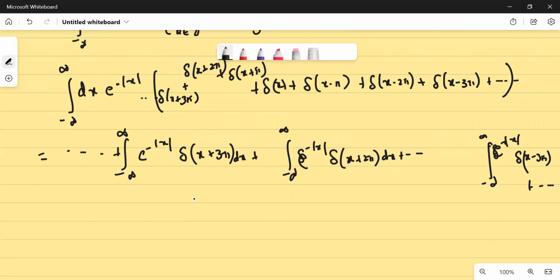Now, understand my point. What is this saying? That the Dirac is stationed at x equal to minus 3 pi.